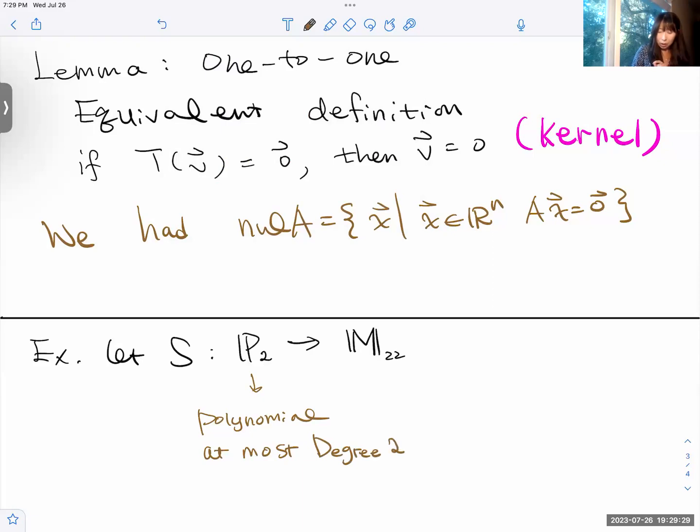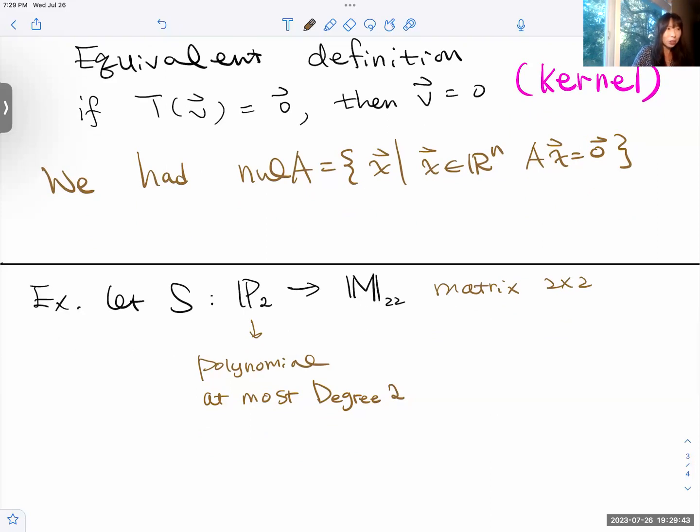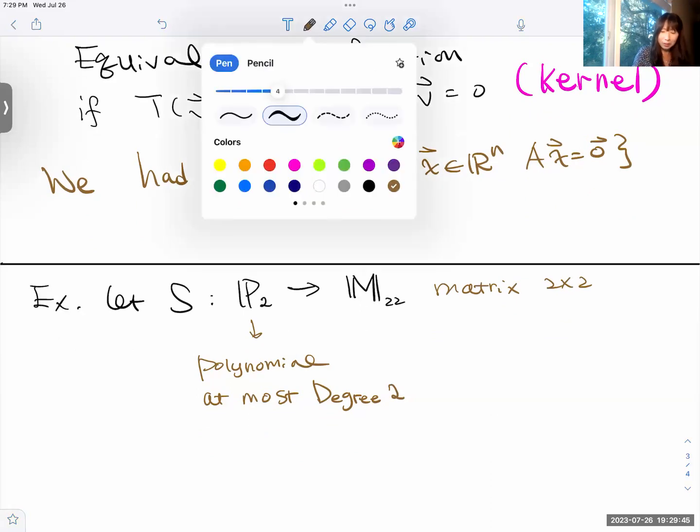This one we did not learn, but it looks like a matrix, right? A 2 by 2 matrix. Now, it's a bilinear transformation.